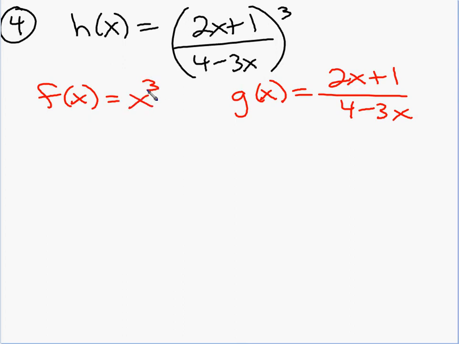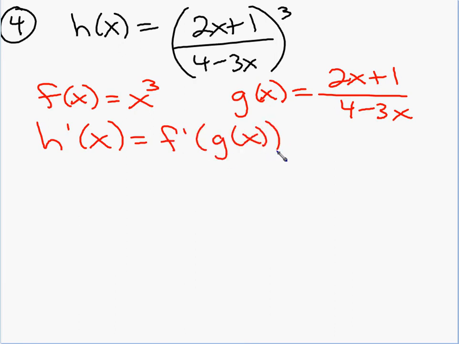All right? So let's write our derivative, h prime of x, our chain rule, f prime of g of x times g prime of x. So the derivative of the outer function, that's easy, 3x squared, right?